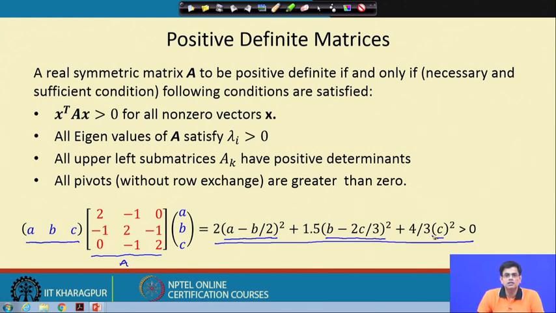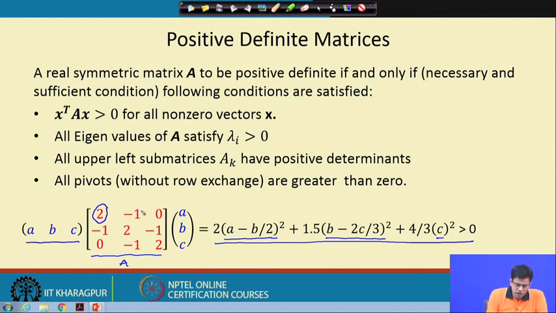The second condition is the eigenvalue condition: all eigenvalues have to be greater than 0. If you find the eigenvalues of this matrix A, you will see all are greater than 0. And the third condition is that all upper left submatrices A k have positive determinants. What does this mean? The first upper left submatrix is actually the first element of the matrix, which is 2, greater than 0.